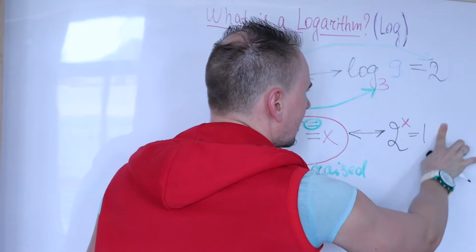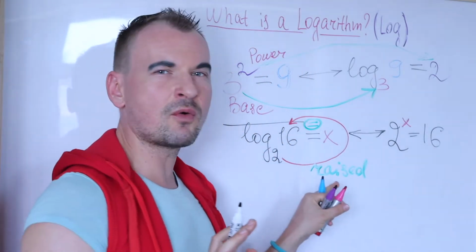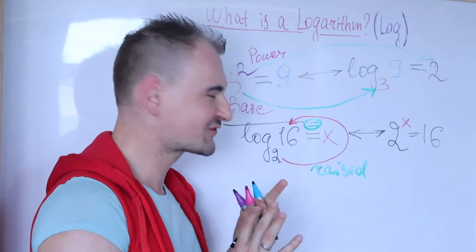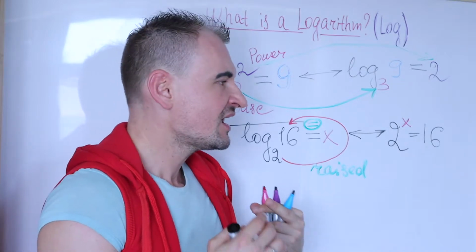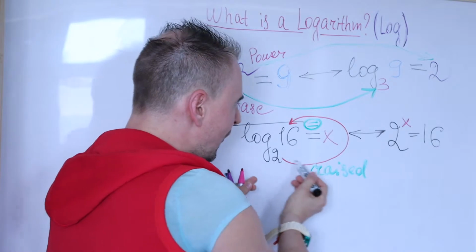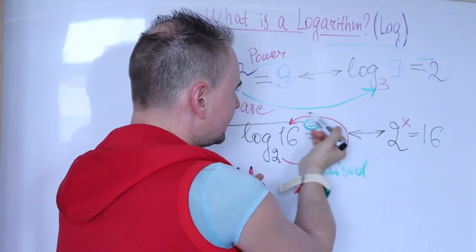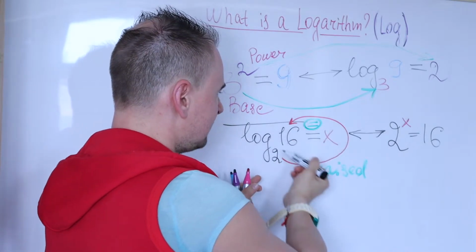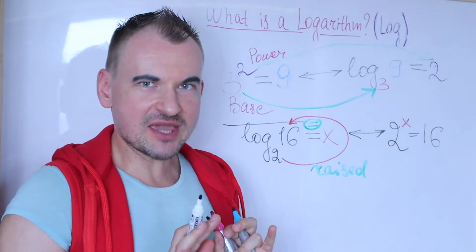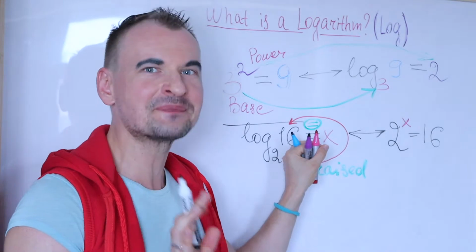Now, you could think of this as a scorpion's tail. It looks like a scorpion's tail. So you go along this scorpion's tail and you end up with this middle number, your argument. Sometimes it's called the argument of your logarithm.